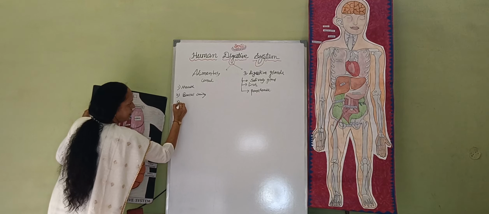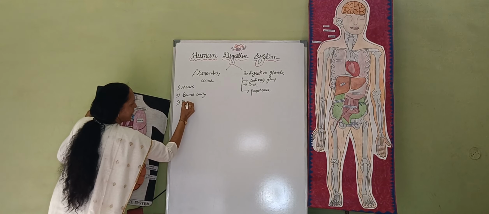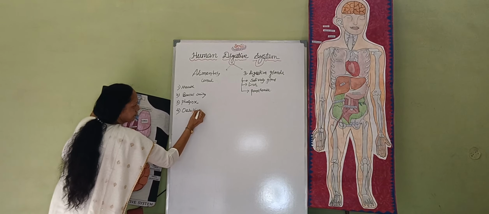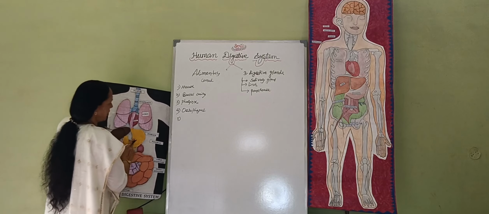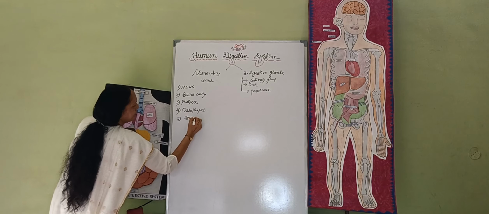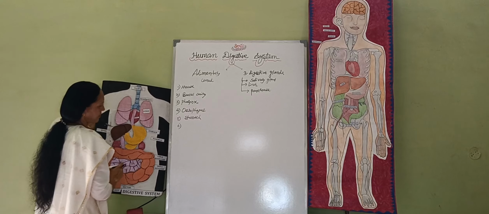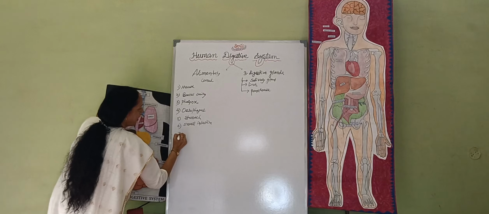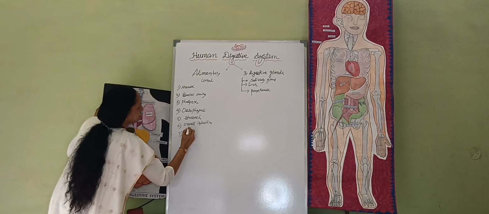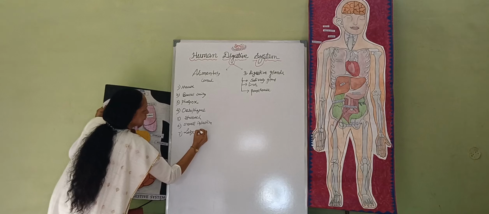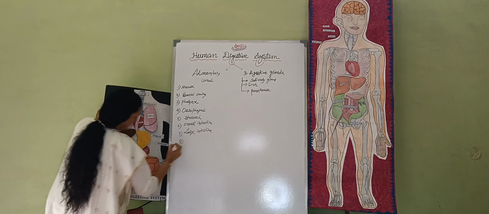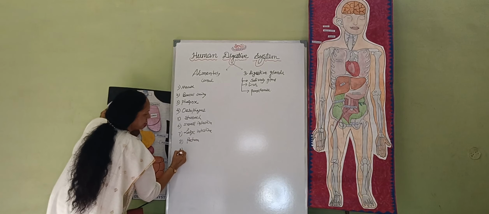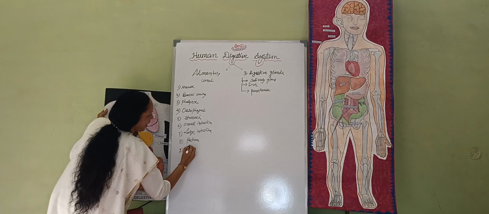First part mouth, second part buccal cavity, third part is the pharynx, fourth part is the esophagus, fifth part is the stomach, sixth part small intestine, seventh part is the large intestine, eighth part is the rectum, and ninth part is the last part, and that is the anus.